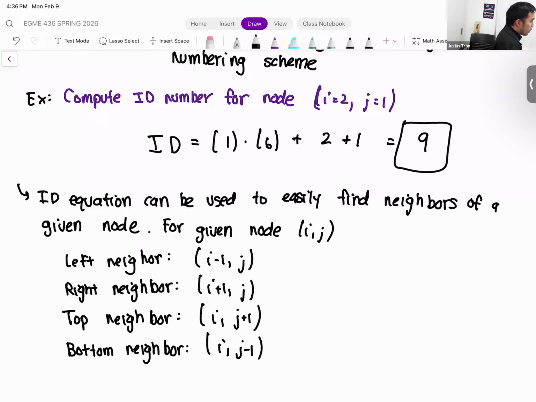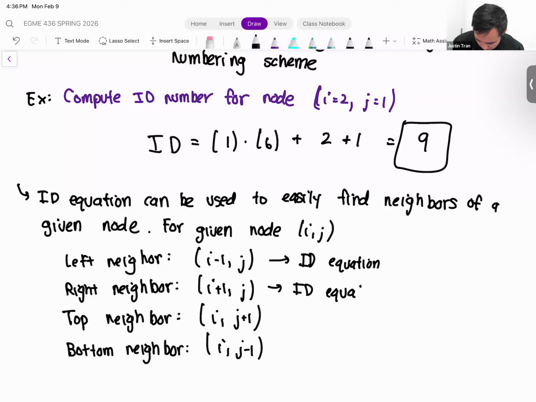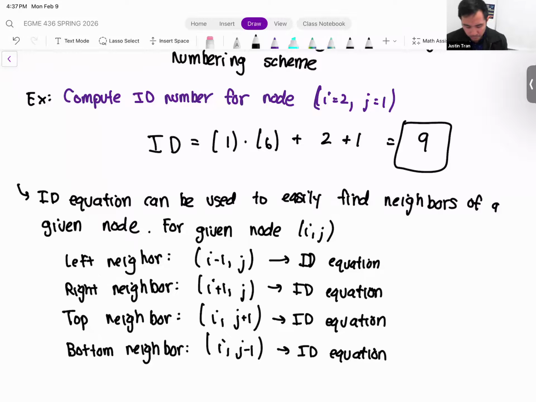All right, and so all of those you can compute pretty easily, and then you can take each one and plug it into your ID equation. And that'll give you the unique ID numbers for each of those nodes.